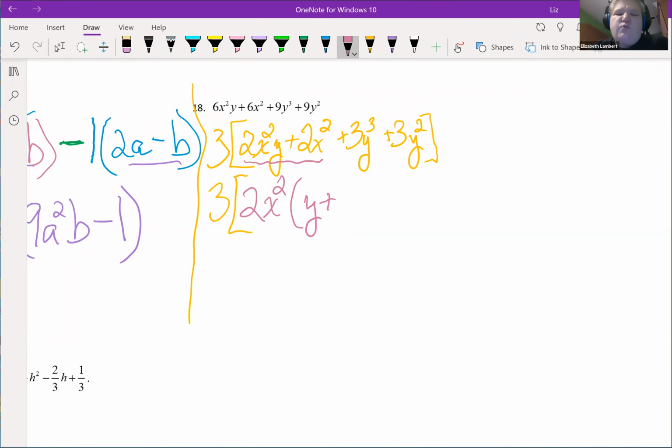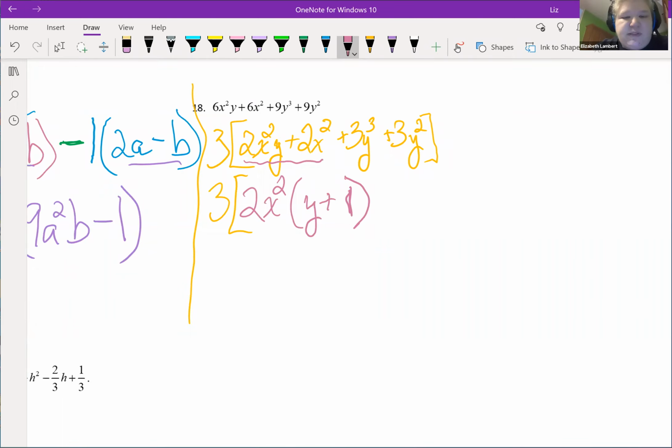So what do I have to write here that I multiply 2x squared by so I get 2x squared after the distribution? I need that placeholder number again. So we're going to see a 1 here. So this is what it looks like when you're going to see the 1 inside the binomial. The previous example was what it looks like when you see the 1 in between the 2 binomials. Two terms in a parentheses is a binomial.